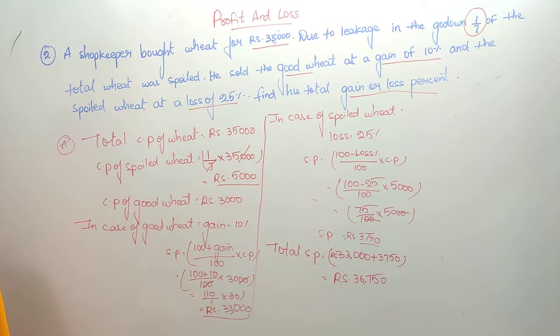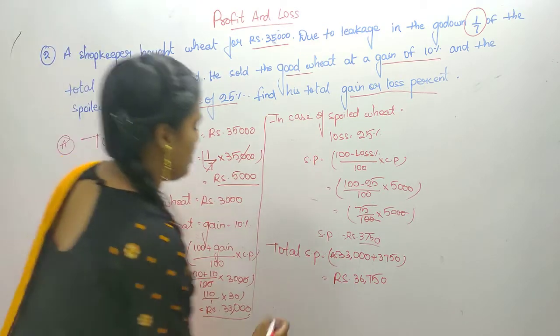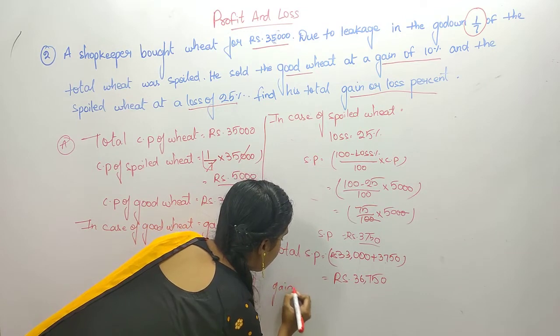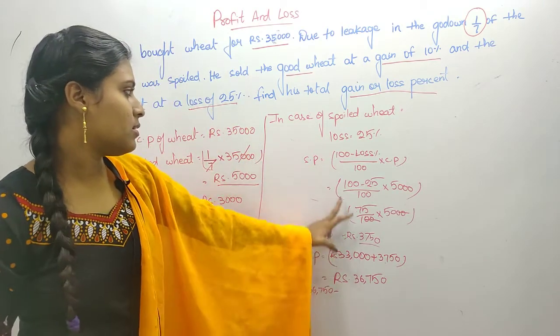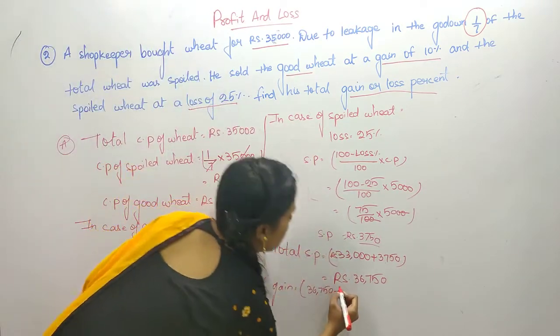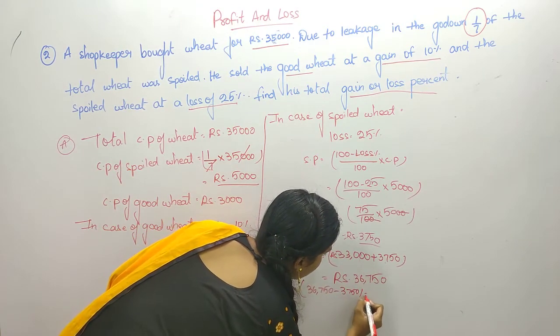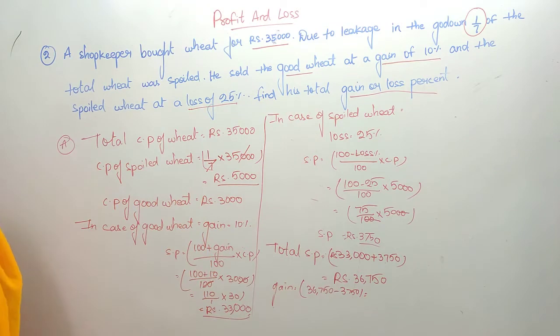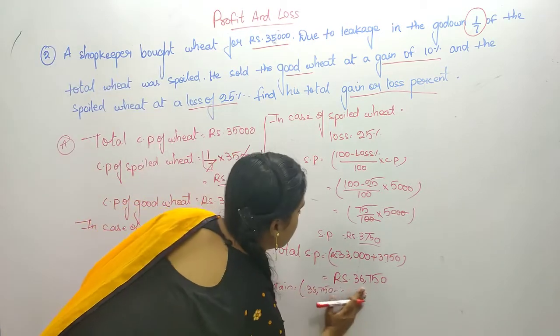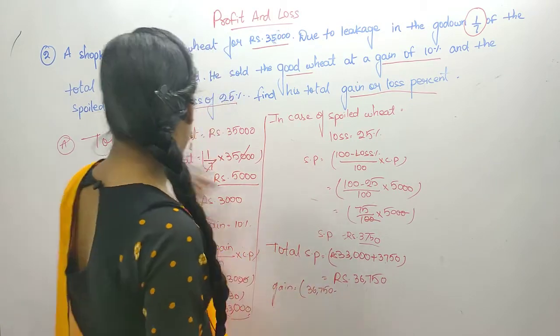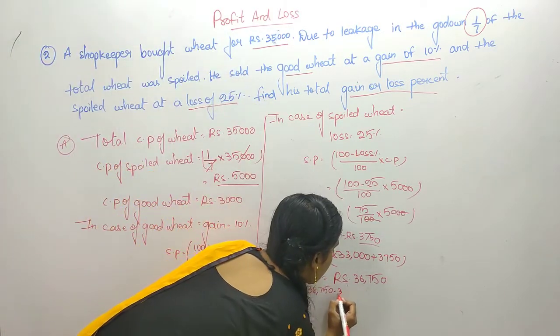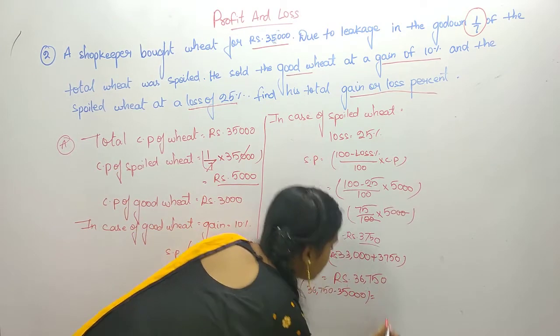Gain means we have to do subtraction. Gain is equal to total SP minus CP, 36,750 minus 35,000.